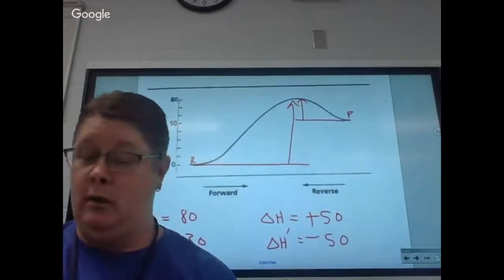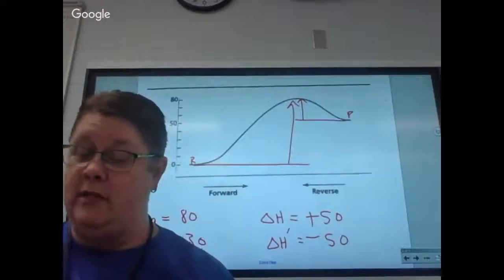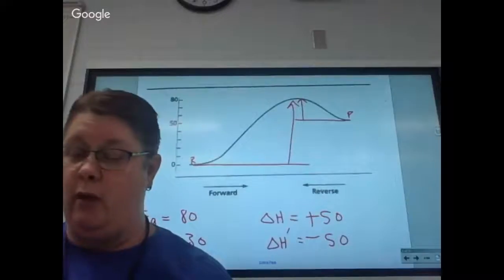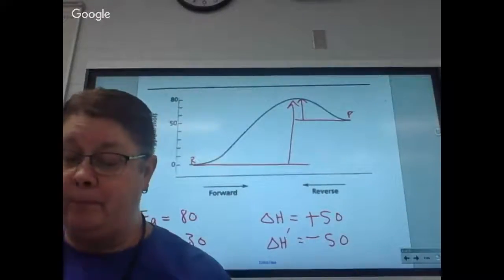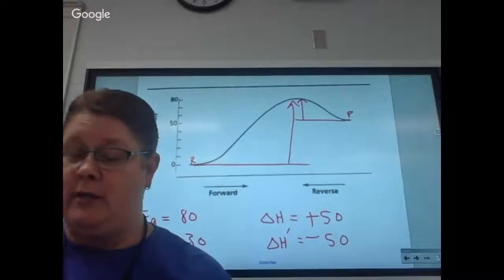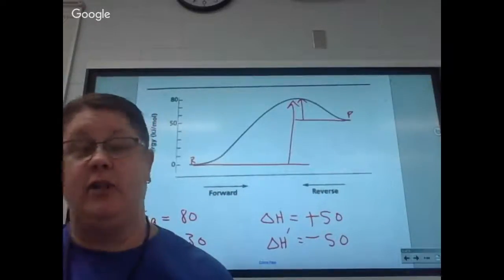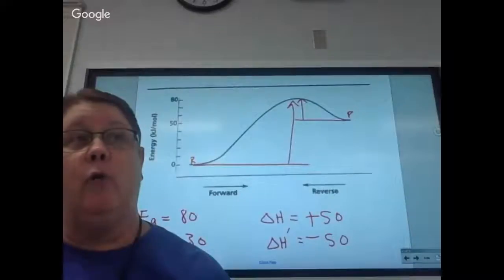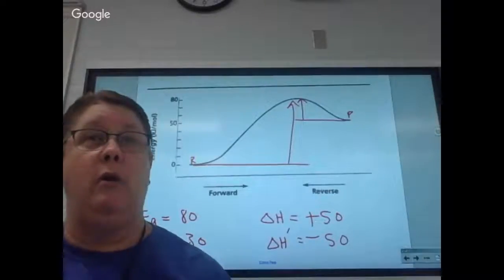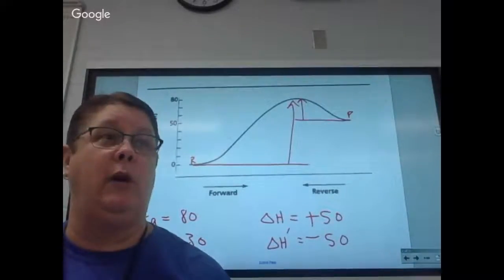Sure. 7 first. If a system at equilibrium is subjected to a stress, the equilibrium will be displaced so as to relieve the stress. That is the definition for Le Chatelier's principle. We're going to work with that one again tomorrow when we shift equilibrium with Le Chatelier.